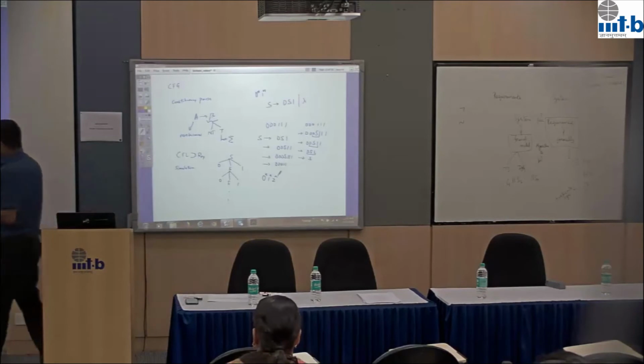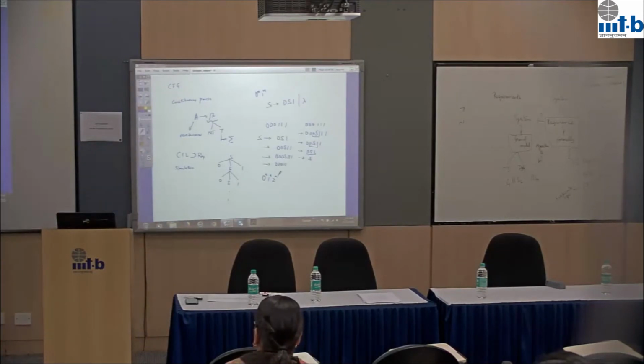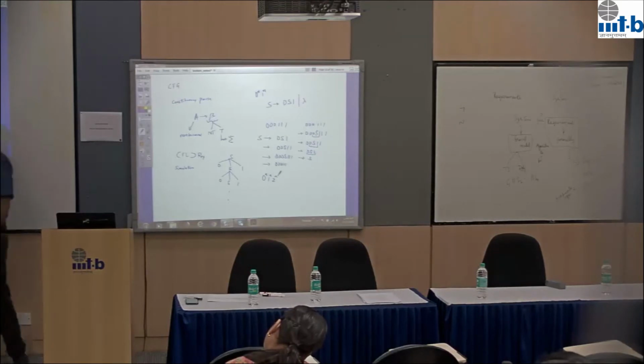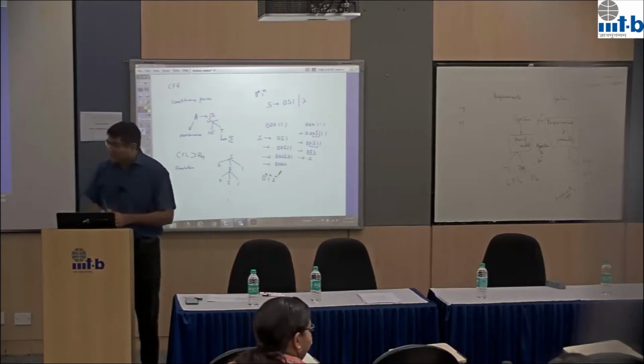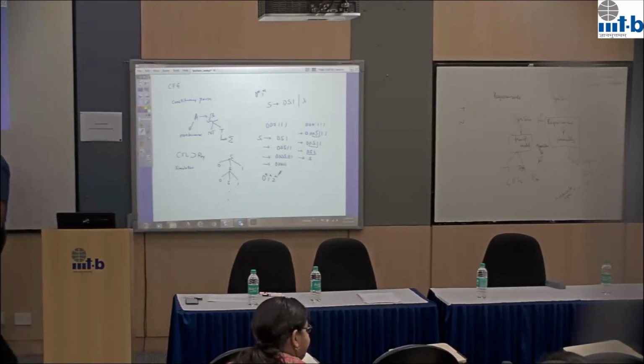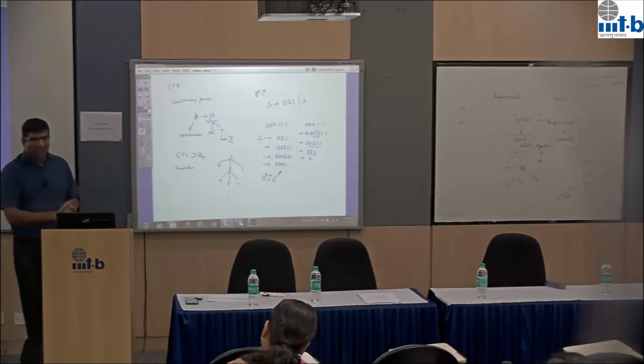How does a CFG do counting? It does counting by pairing this part and this part. There's no up and down here, only left and right. But if I just add one more element and say that this element also has to be of the same size, now it can't count anymore.